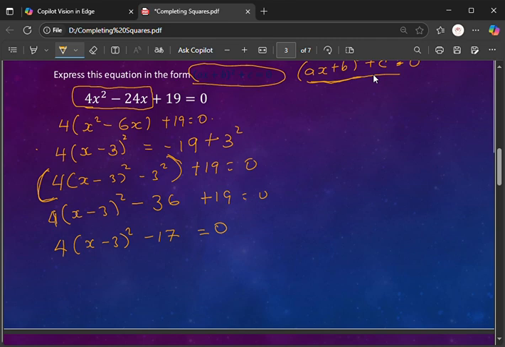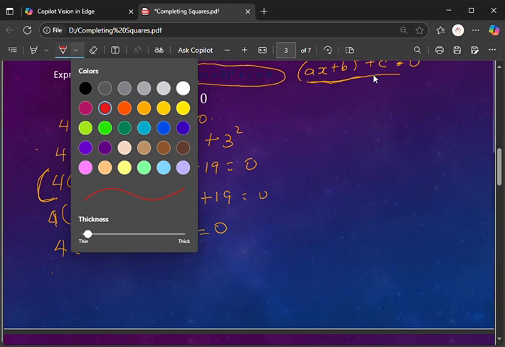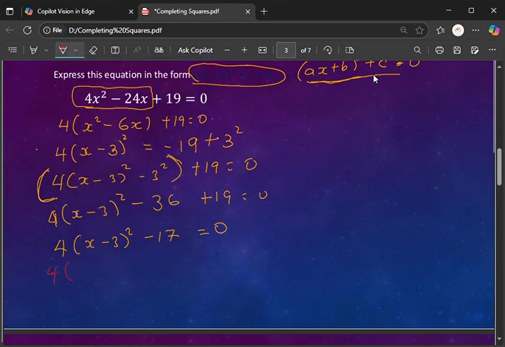So basically we are now going to write, I'll use a different color, hope red works. So we now have 4 into (x minus 3) squared. Because it is squared, I'm splitting it up like that: (x minus 3)(x minus 3), and then minus 17 equals 0. We can also write this as 2 into (x minus 3) times another 2 into (x minus 3).